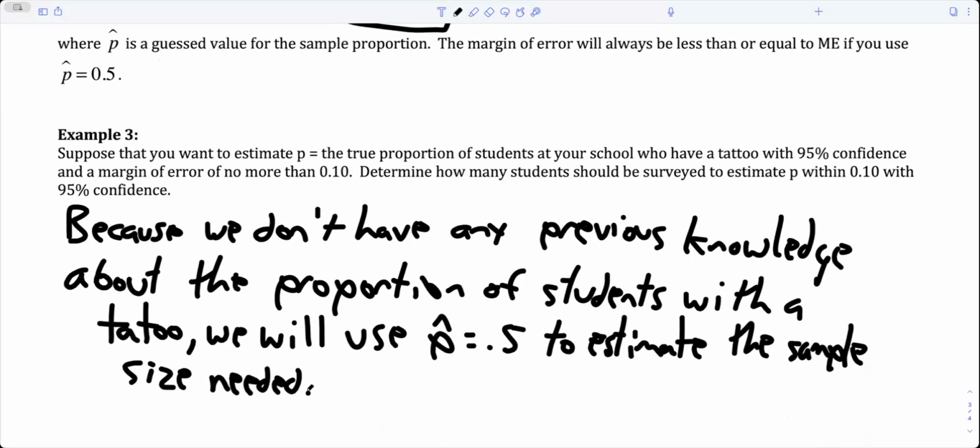So they give us a P hat, we use that. They do not give us a P hat, then we're going to use 0.5.